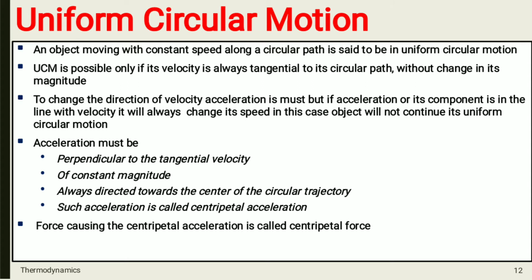Okay, but if acceleration or its component is along or opposite to the direction of the velocity, then what will happen? The speed, the magnitude of the velocity, will change, and the object will not continue its uniform circular motion. So acceleration should be there, but not in the direction of or opposite to the velocity.